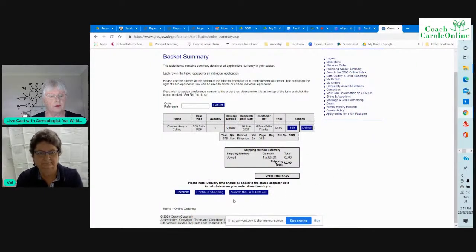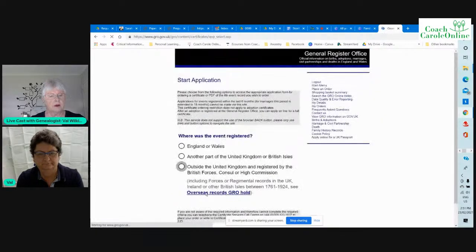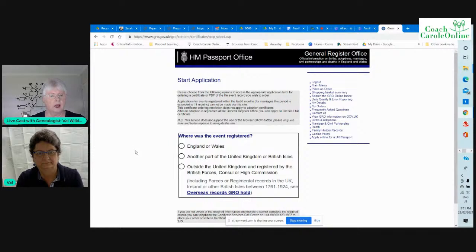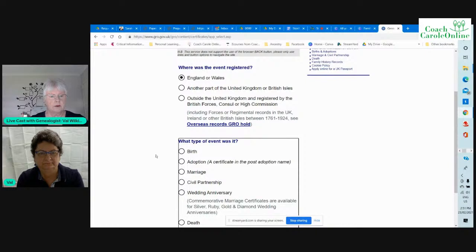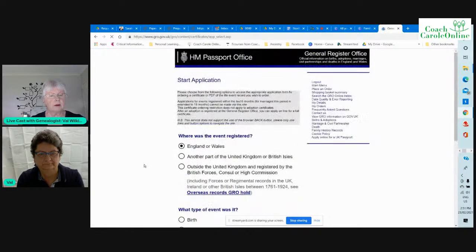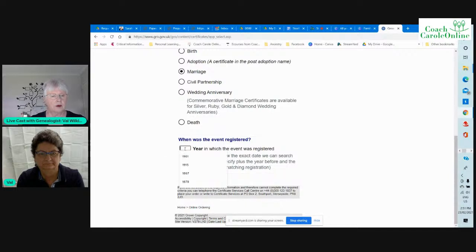And if I wanted to continue shopping and add something else to it, I click on continue shopping and then fill in briefly where the event was registered, in this case England. And the one that we're after is a marriage certificate this time. The year of the event was 1901.